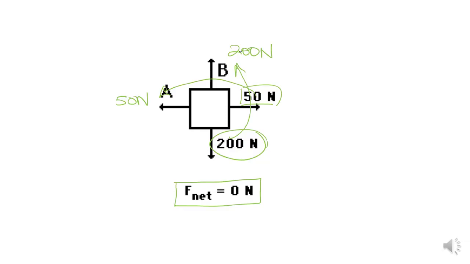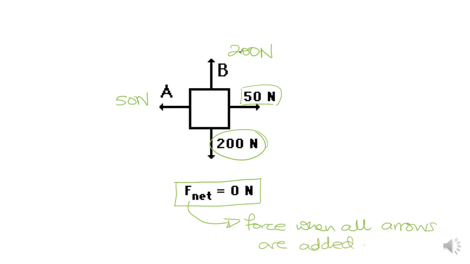That's the only way that I can get to that F net of 0. So the net is the force when all of the arrows are added up. Okay, so this one's pretty simple. It's just that basic maths to get your forces to add up to that overall number at the bottom of that diagram.